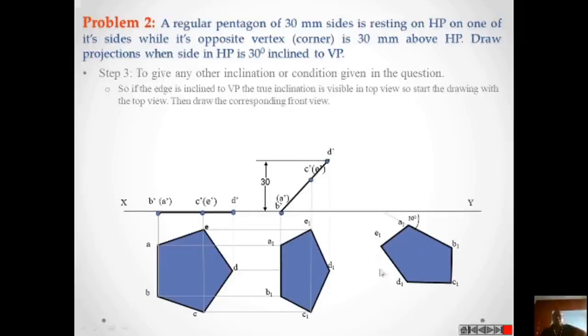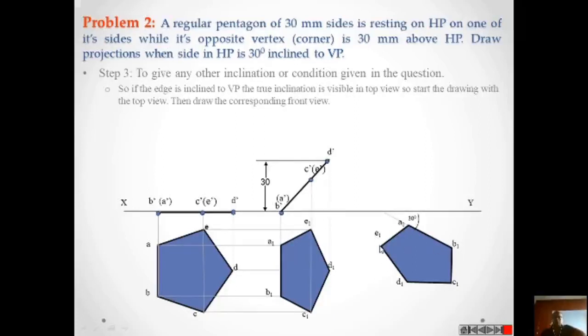Now, how to draw this? In the same way, A1, B1, you mark this distance here, so you get the A1, B1 points. Now from the A1, B1 points, you measure the A1, E1 distance. From A1 you draw an arc. Take the B1, E1 distance, and from B1 you draw an arc.